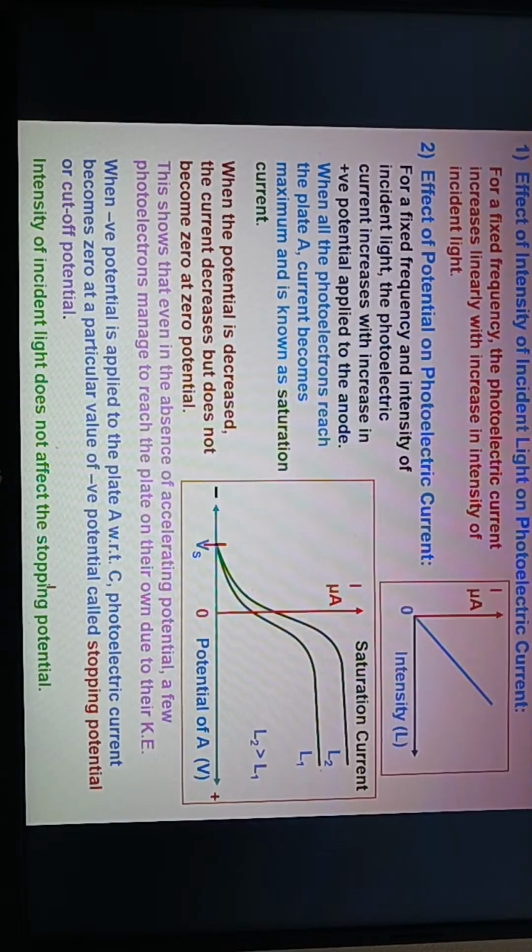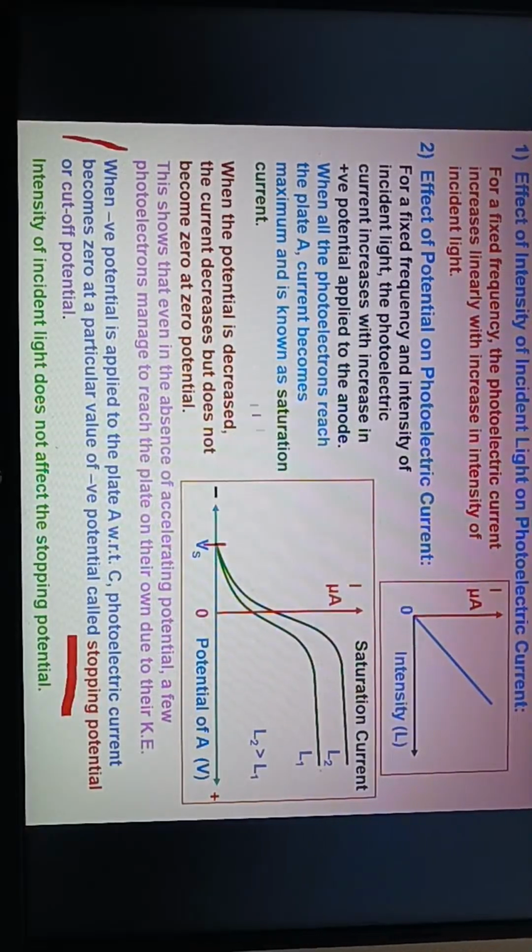Okay, you can see here this one. Here you can read the definition. When a negative potential is applied to plate A with respect to the cathode, the photoelectric current becomes zero at a particular value. That is called the stopping potential. This definition is a little bit better than yours.